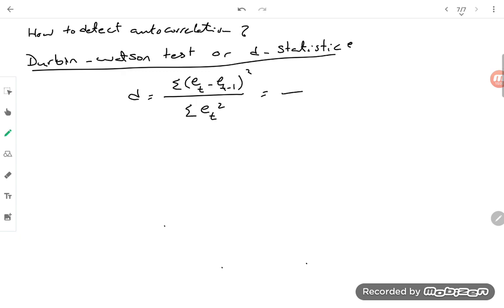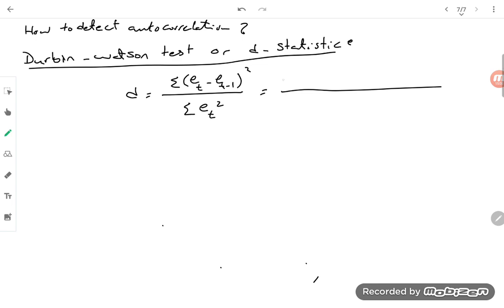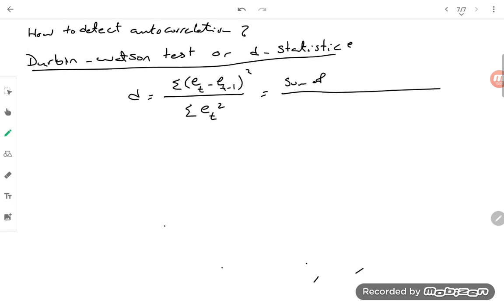Or we can write it as the sum of squared differences of residuals divided by RSS, the sum of squared residuals.